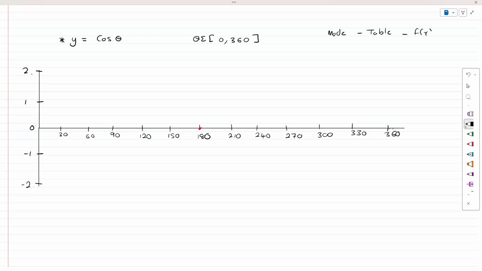F of x equals 2 cos x. Close the bracket, guys. It's important. G of x equals to 0. Don't press 0. Just press equal. We're going to start at 0 because they told us to start at 0. We're going to end at 360 because they told us to end at 360. And we're going to step in 30s because your tutor told you to step in 30s.